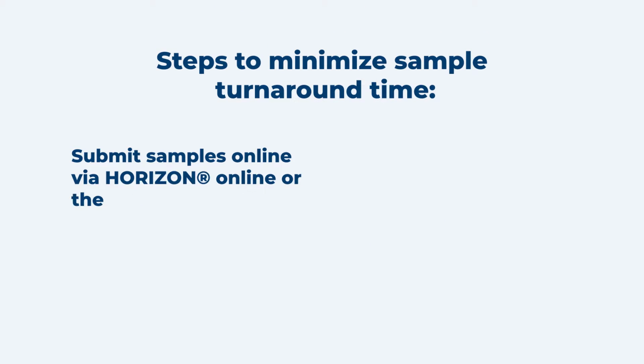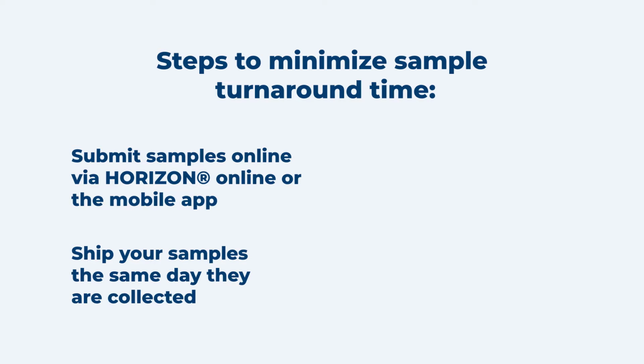Submitting your sample information online via the Horizon online desktop app or the mobile app cuts down on time spent filling out handwritten forms and can eliminate readability errors when the sample is processed at the laboratory. We also recommend shipping your fluid sample to the laboratory the same day it was collected, using a trackable mail service so you can track your sample on its way to the laboratory.